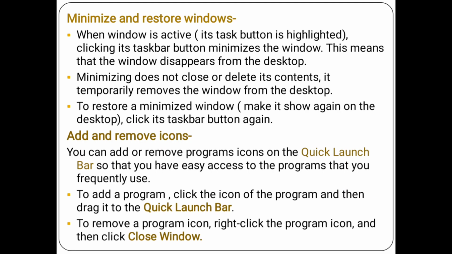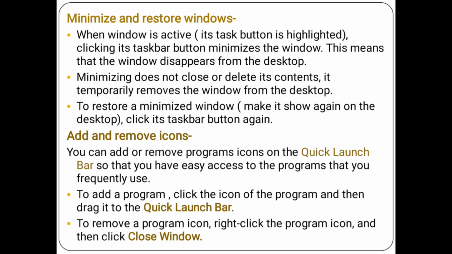Our next topic is minimize and restore windows. Now we will learn how to minimize and how to restore the windows. When a window is active, its taskbar button is highlighted. Clicking its taskbar button minimizes the window. This means that the window disappears from the desktop.